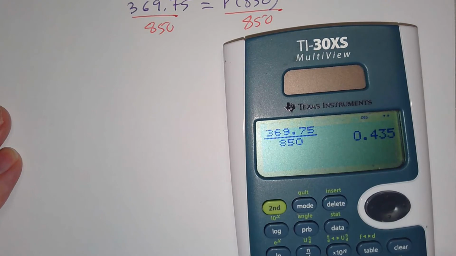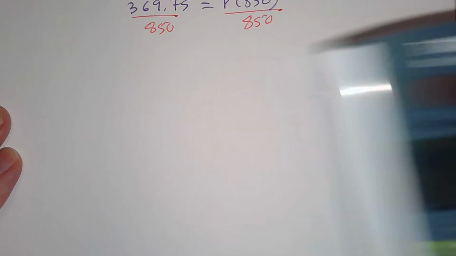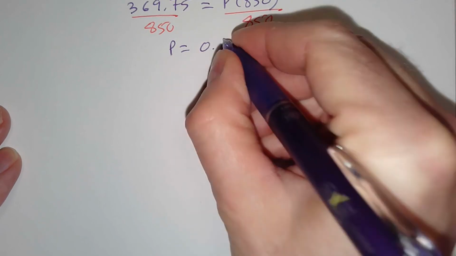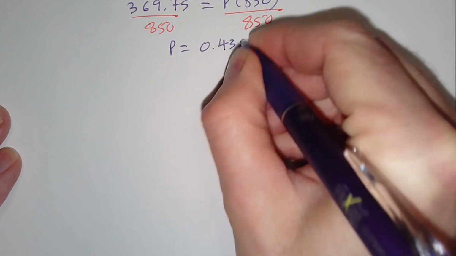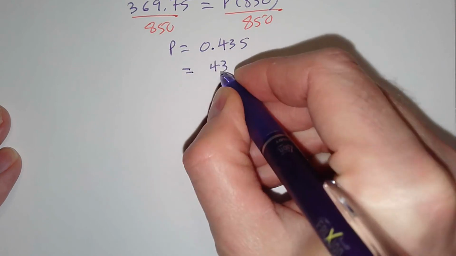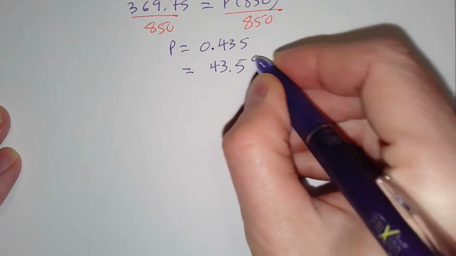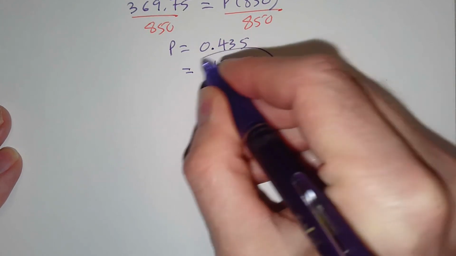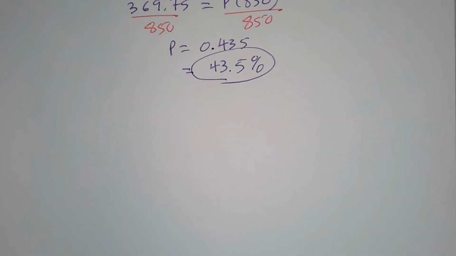Hit enter. And that gives us 0.435. If we then slide our decimal point over 2 places, that would give us 43.5%. And then that would be our discount rate.